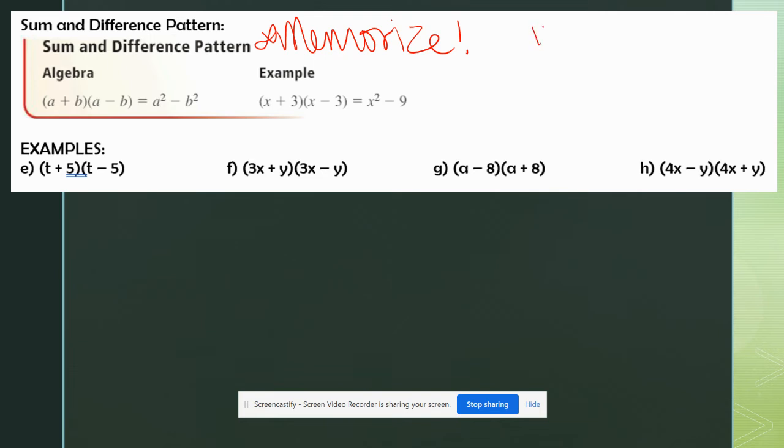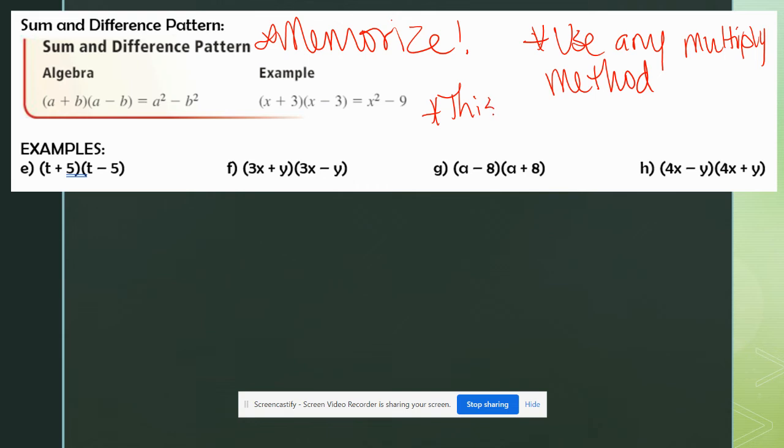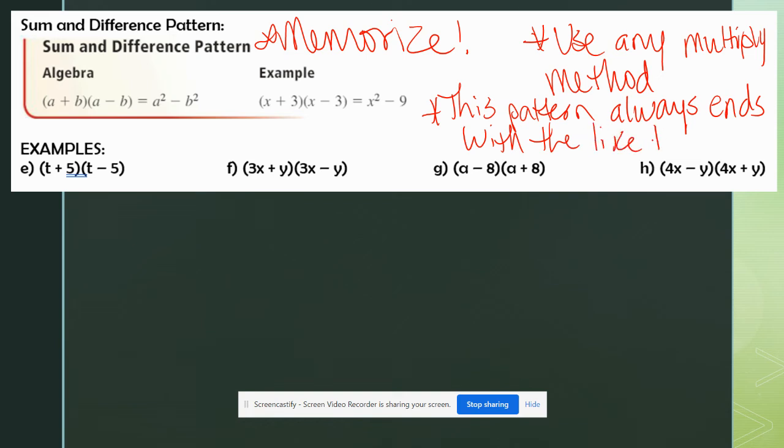Remember, you can still use any multiplication method that you love, but this pattern always ends with the like terms adding to 0, always.